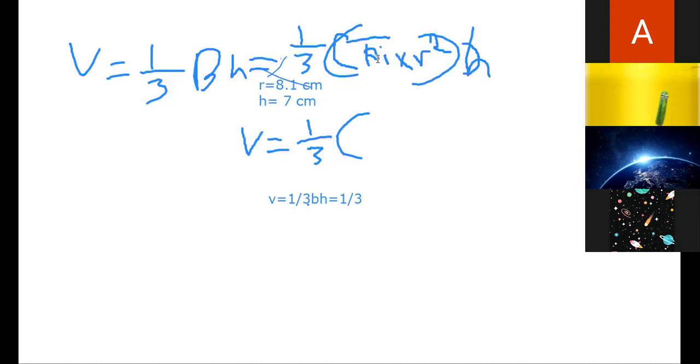What are you doing, Mazen? Okay, now let's. 3.14 times r. I want to divide just this. What do you want to divide? 8.1. No need to divide 8.1 by 2 because it's not the diameter, it's the radius. Oh, radius. Yeah.